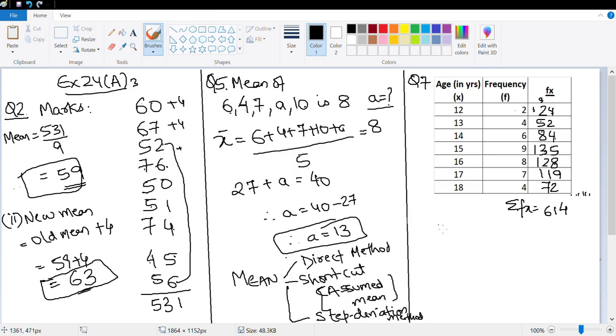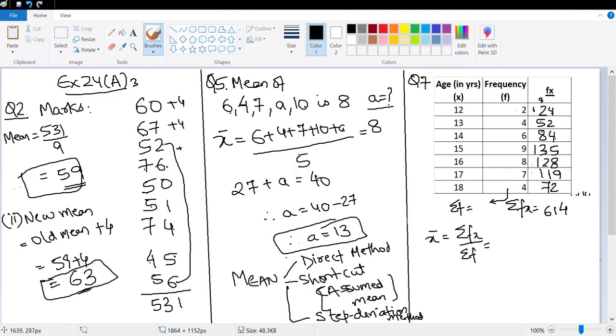Perfect. So in this case, mean is given as summation fx upon summation f. What is summation f? Summation f is the total number of people who are there. So summation f, I should have written it properly. This should come under the f, but let's see.